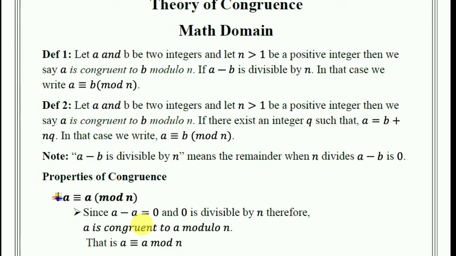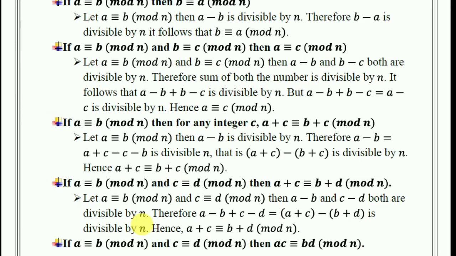It is very easy. Now the second property: if a is congruent to b mod n, then b is also congruent to a mod n. So this is the symmetric property of congruence. Let a be congruent to b mod n, then by definition a minus b is divisible by n.